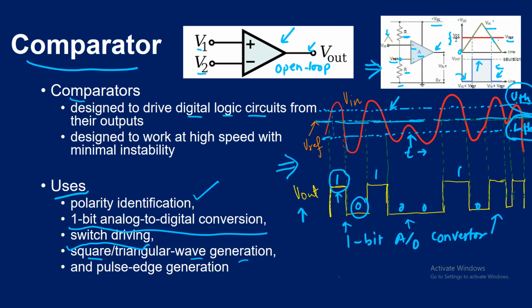We can also generate a triangular wave. We can also have pulse edge generation, so you have positive edge trigger or negative edge trigger pulses. That was all about the basic understanding of the comparator, its usage, its working principle, and its output waveform.